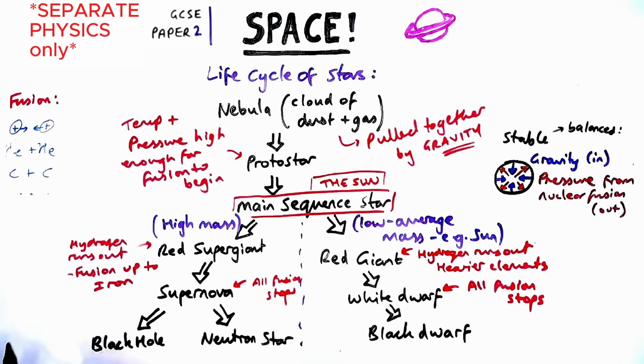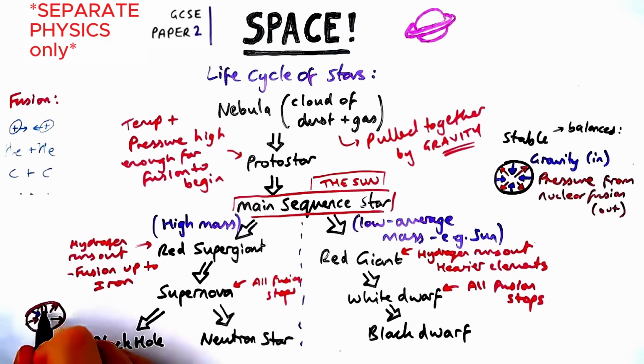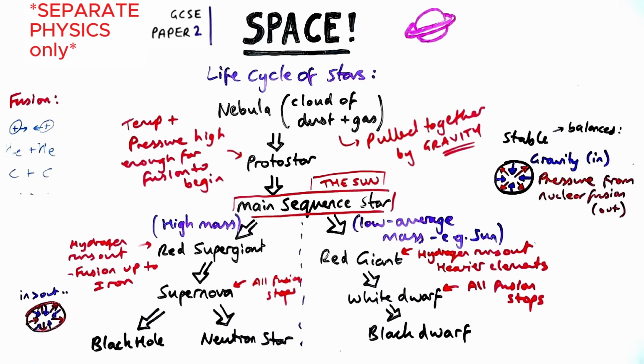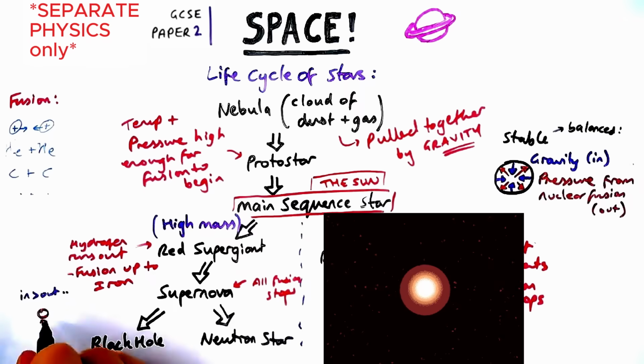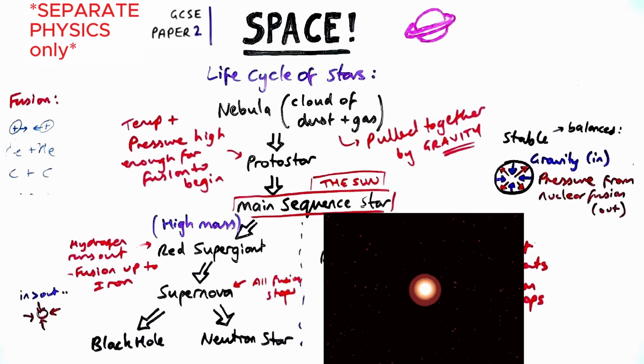Now for a supernova, all fusion stops once it gets to iron, but the result is a bit more spectacular. So in a supernova, let's think of all the forces acting on a star. If fusion stops, then there's no outward force, so there's just gravity acting. So if there's just gravity acting inwards, what will happen is the star will all of a sudden start to shrink. It will start to get smaller until it gets to a really dense core of iron.